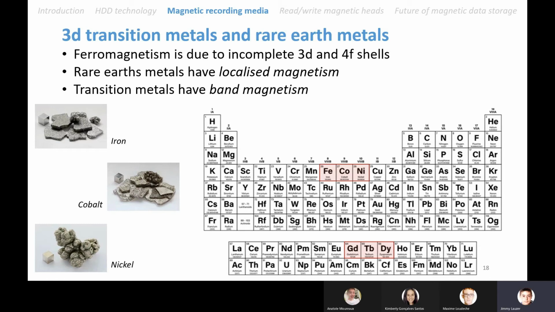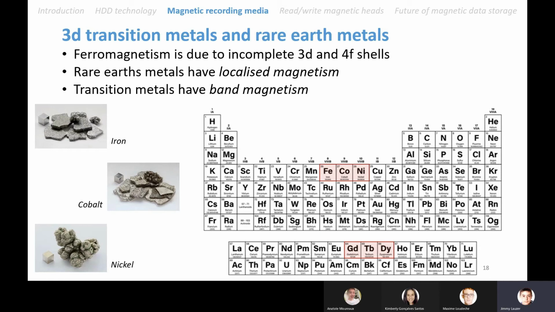Their orbital moment is equal to zero due to an interaction with the crystal field, and therefore their magnetism will be due to what we call band magnetism. It's called band magnetism because it's due to electrons of the d band. Exchange phenomena will cause an instability of said band, leading to ferromagnetism.